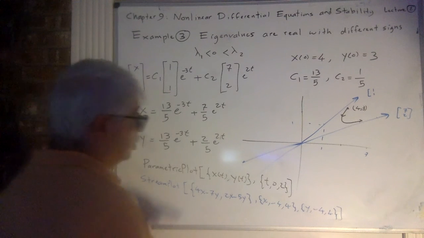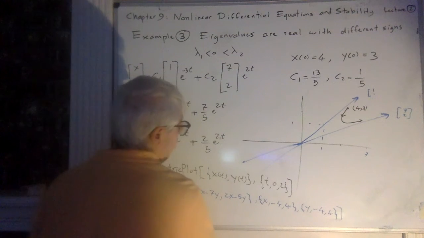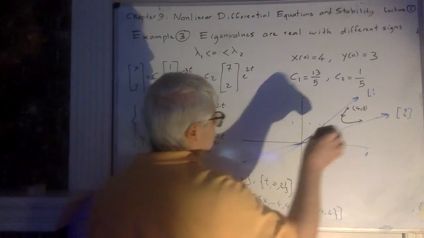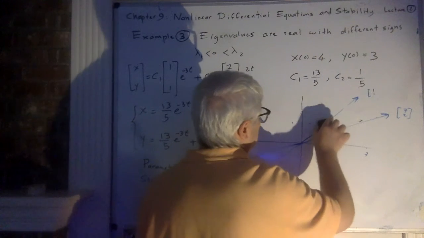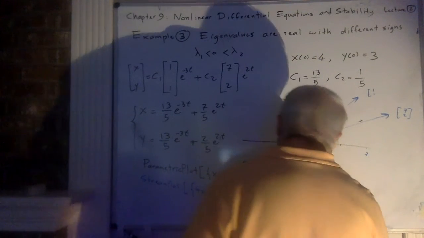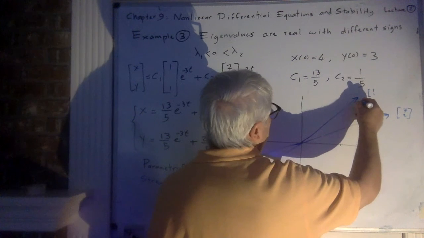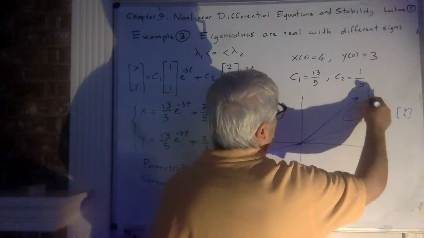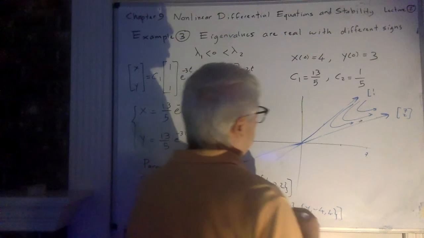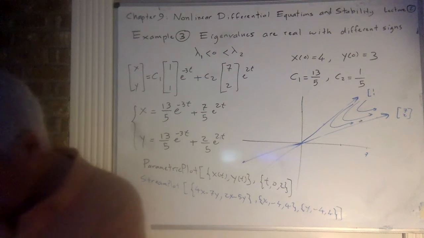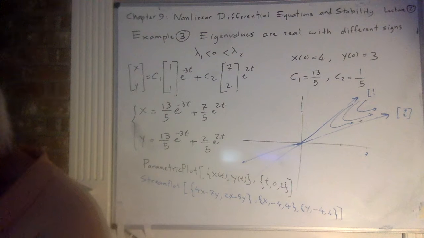Okay, so if you plot this, the stream plot looks like this. Let me just erase this. So you will see things like this, and on this side, I'm going to see which direction they go.